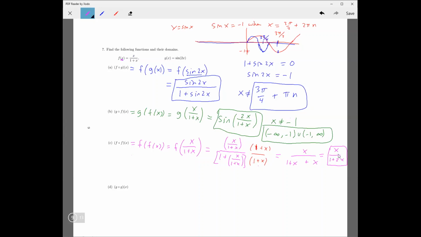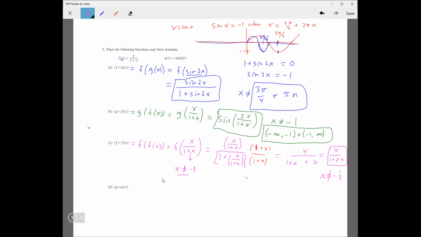Okay, now it's kind of tricky. If you just look at this, you're saying, oh, all we need to do is exclude -1/2, because -1/2 will make this denominator 0, right? So it can't be that. But also right here, x cannot be -1 either. So you actually have to exclude that point and that point in the answer.